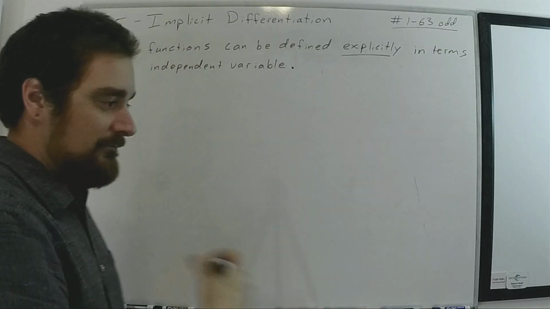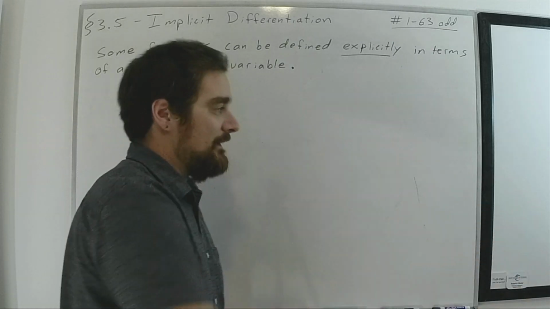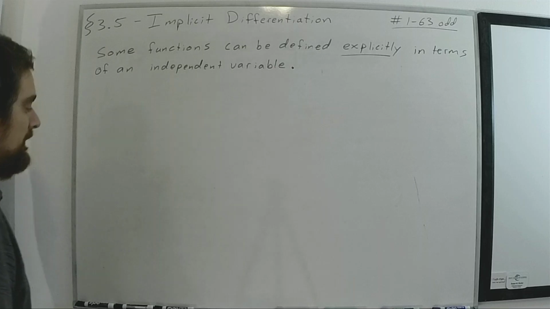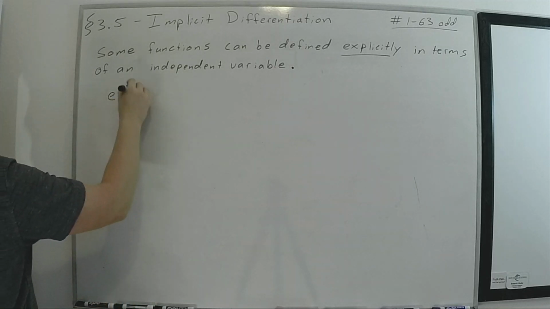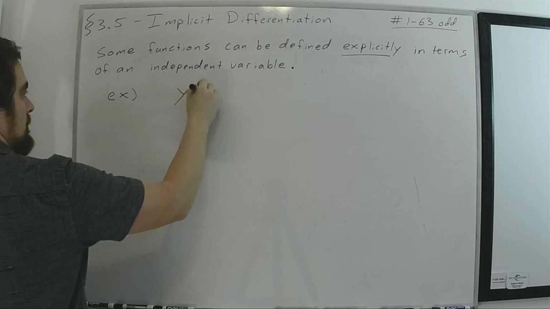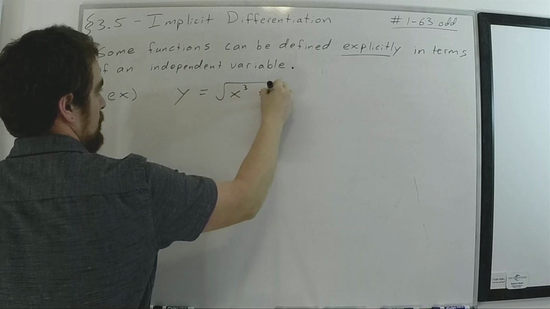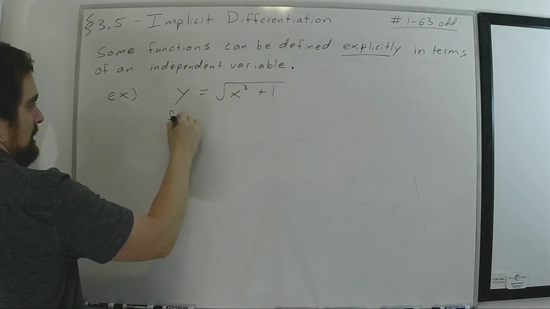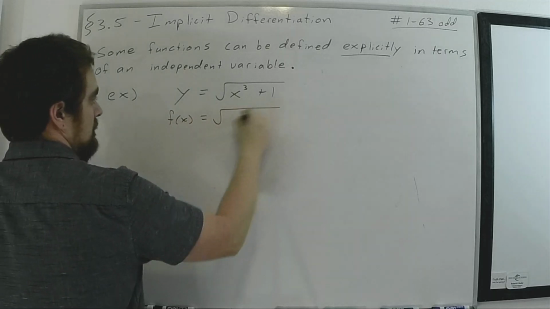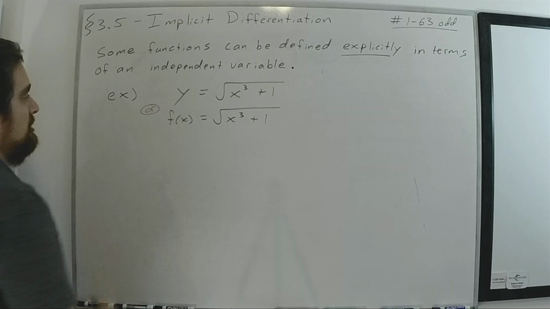So we would say f of x is a function of x, or y is a function of x if you want to kind of take the cheaper way out. And an example of that would be saying that y is equal to the square root of x cubed plus 1. Again, in the other notation, you might be saying f of x is the square root of x cubed plus 1. Right? So we kind of have two ways of saying it.